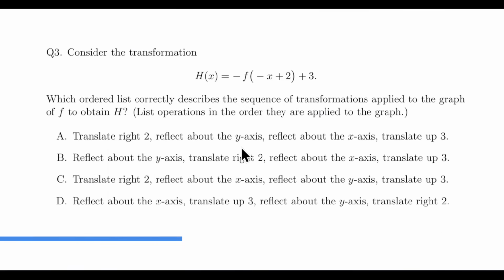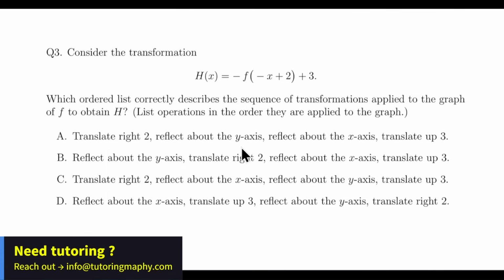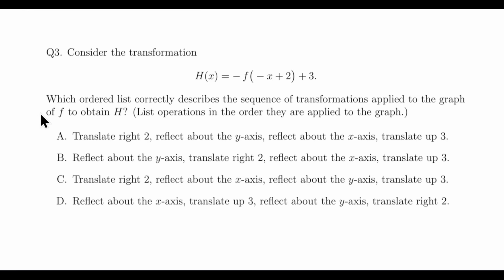Okay, all right. Question number 3, based on transformations. So hope you have a decent knowledge of transformations because this is also covered in Algebra 2. It's a big portion. It's actually the first unit that I teach in Algebra 2 when I take tutoring lessons. But anyway, consider this function, consider the transformation of this.